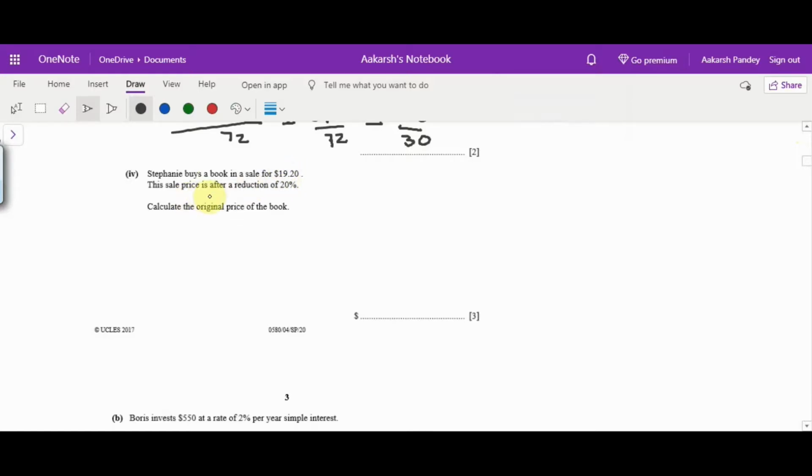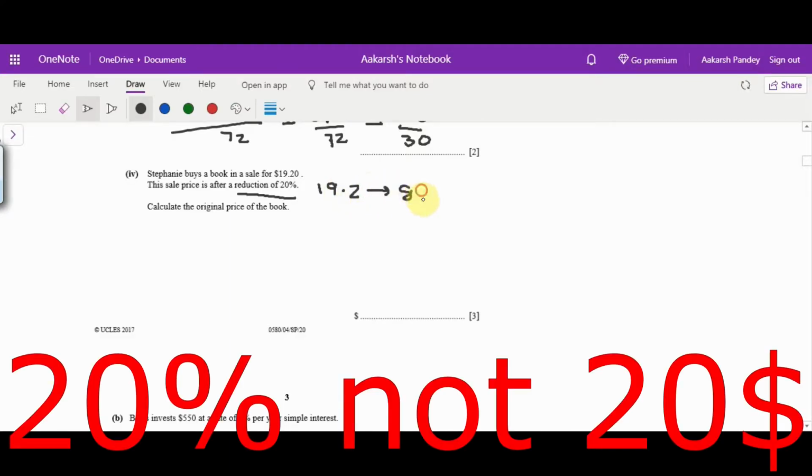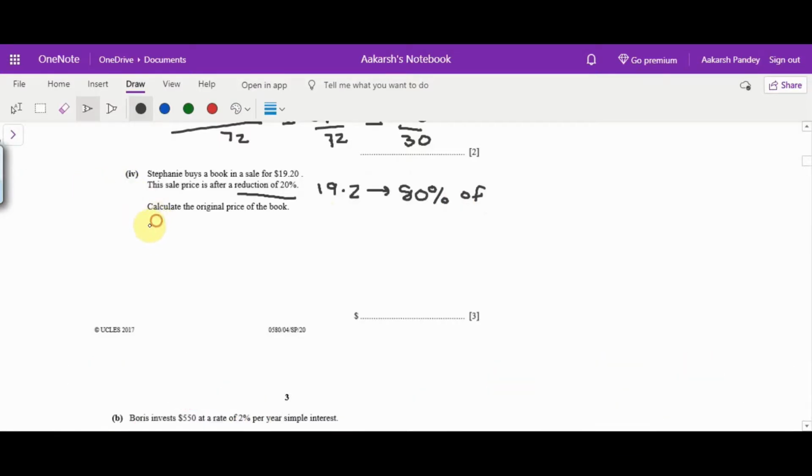Next, Stephanie buys a book in a sale for $19.2. This sale price is after a reduction of 20%. See, here what they are saying is that $19.2 is actually after a reduction of 20%, which means this is only 80% of the actual price. So we know that 80% is 19.2.